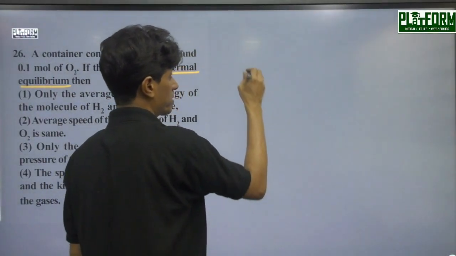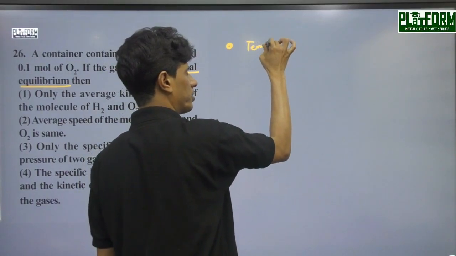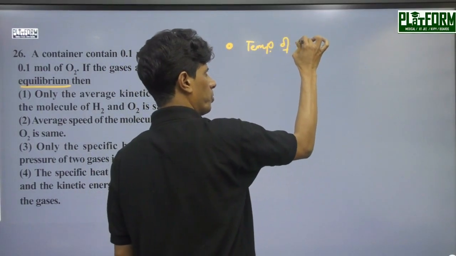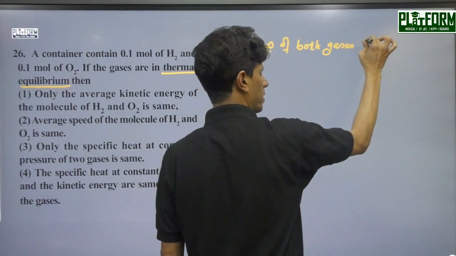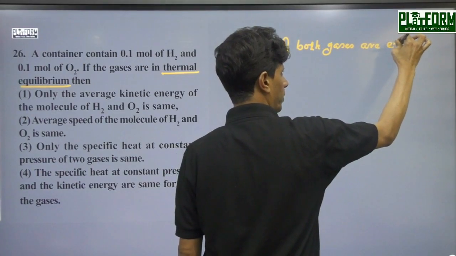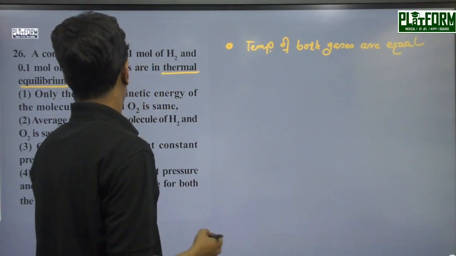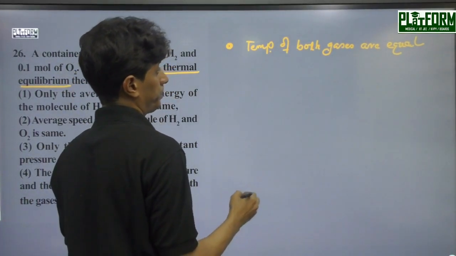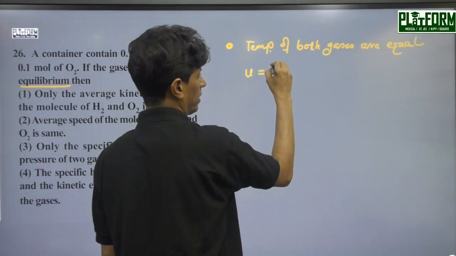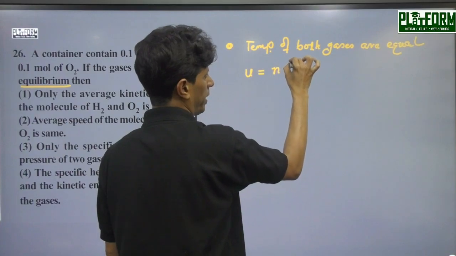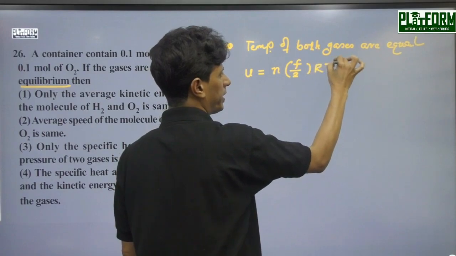Thermal equilibrium means the temperatures of both gases are equal, and you know the internal energy is n f by 2 into RT.